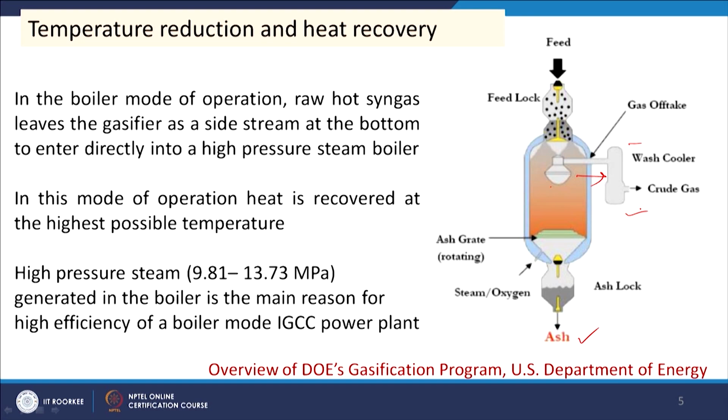Here 9.81 to 13.73 megapascal steam can be generated, and as we know, the higher the pressure and temperature of the steam, the more efficiency is possible in the turbine. So, that is why the boiler mode of operation is preferred in IGCC application.